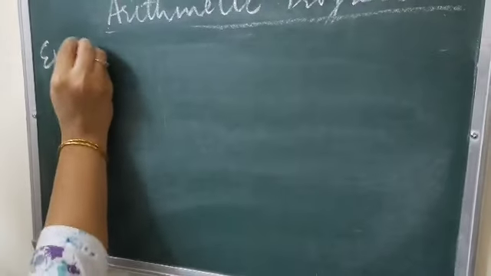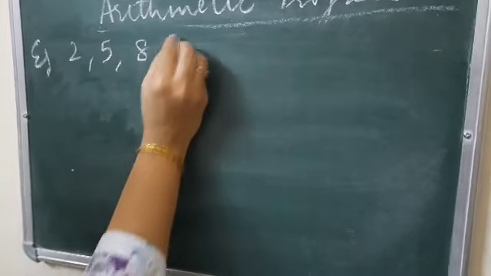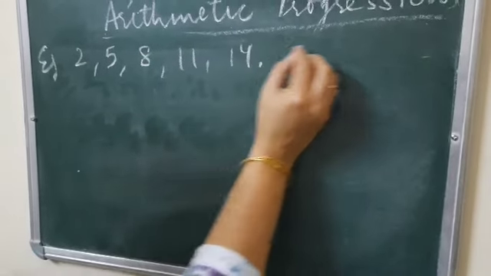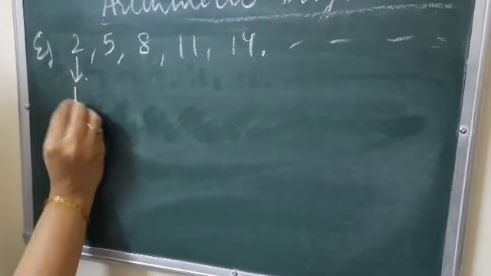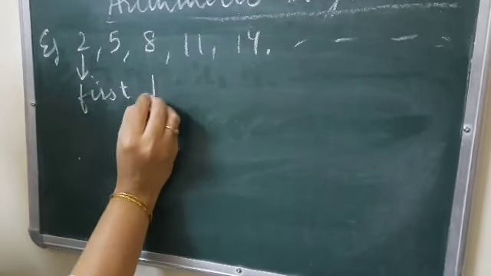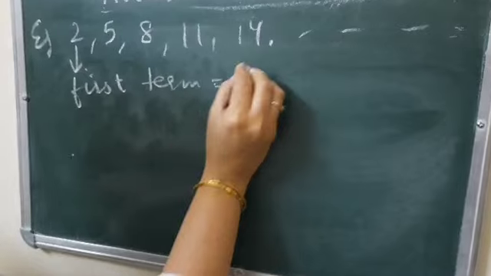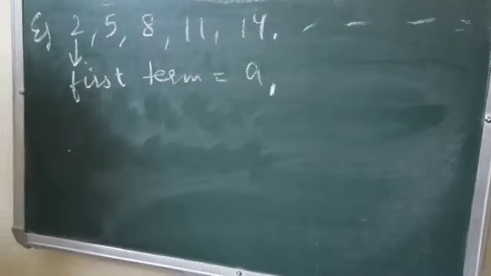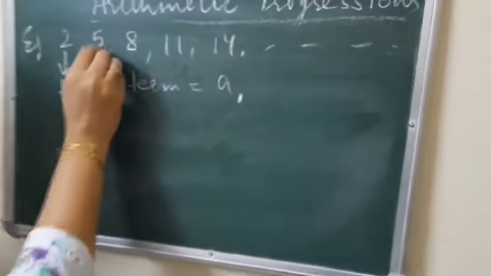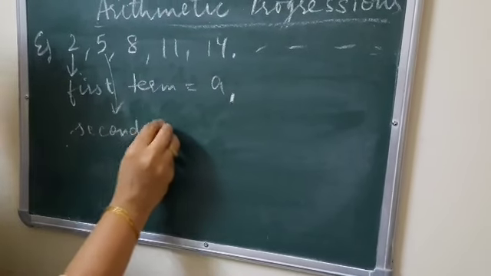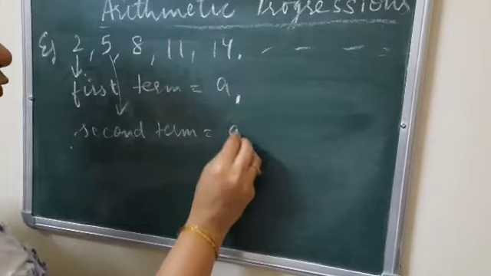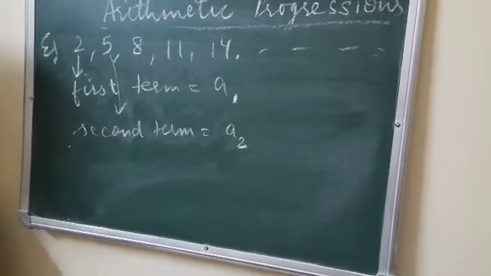Now the earlier example which I have given, 2, 5, 8, 11, 14 and so on. Here this 2 is called the first term, and we denote it by a1. 5 is the second term and we call it a2.